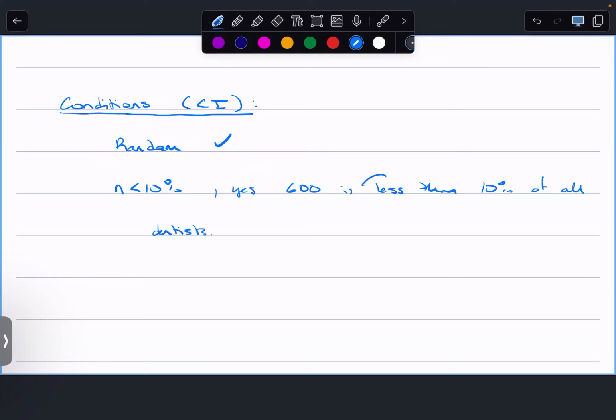I'll say reasonably. Remember, you always want to argue that all these conditions are met. I don't know how many dentists there are. I don't really care. I'm going to assume that it's less than 10%, right? So even if you just did n less than 10%, I'd be fine with that.